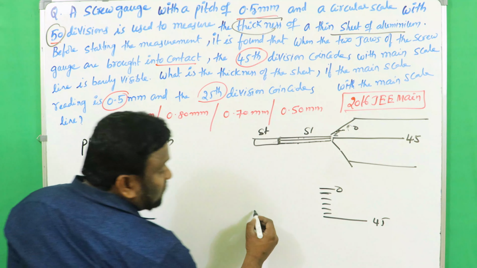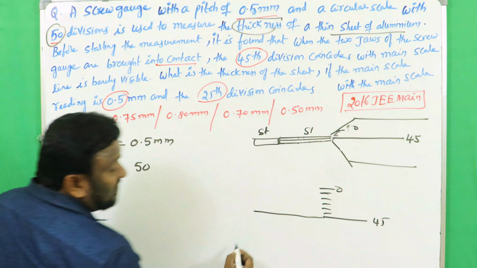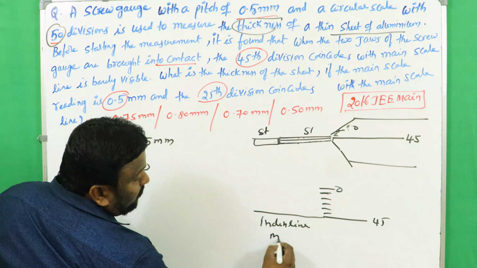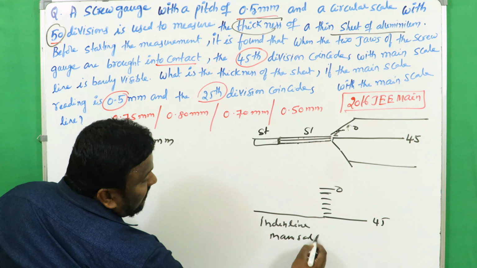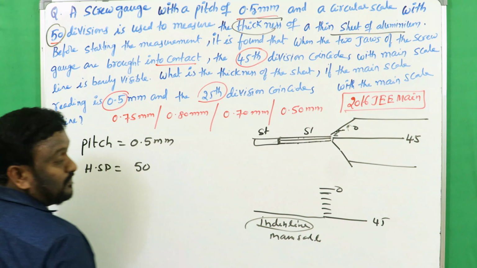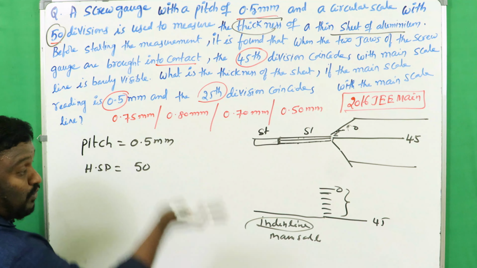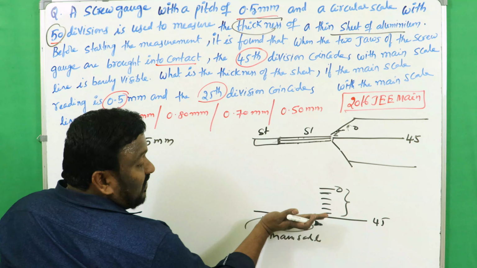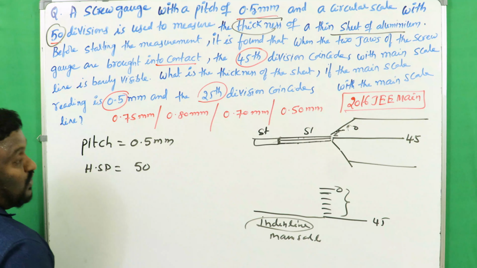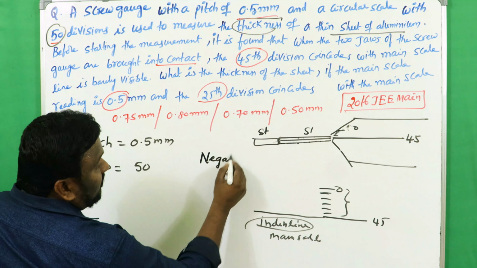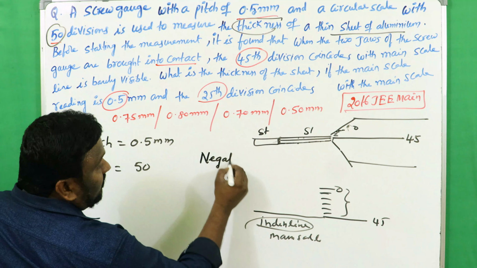That means this is the index line, the index line of the pitch scale. That means 0 is above the index line. So what kind of error is this? Negative zero error.